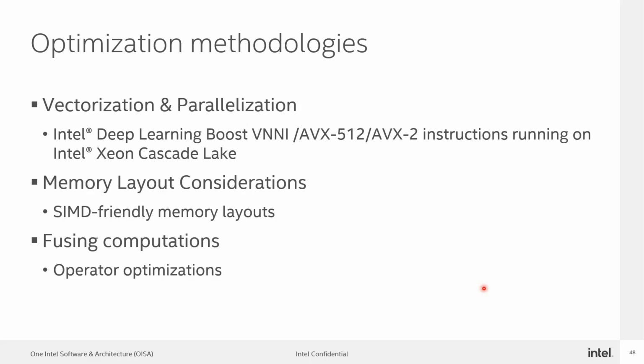So there are three major methodologies that we use to optimize these operators in oneDNN. The first one is vectorization and parallelization. With these techniques, we can use the power of the instruction set with the highest efficiency.